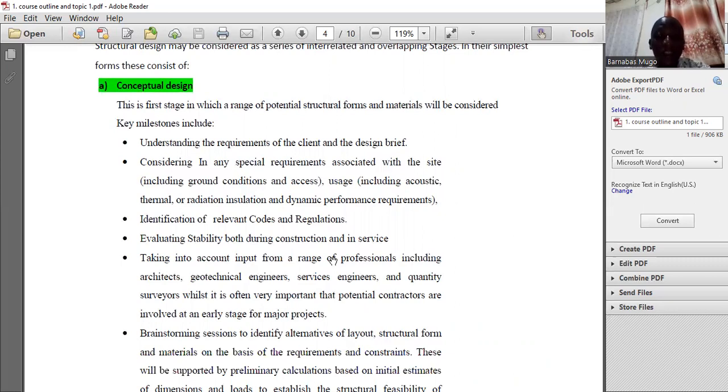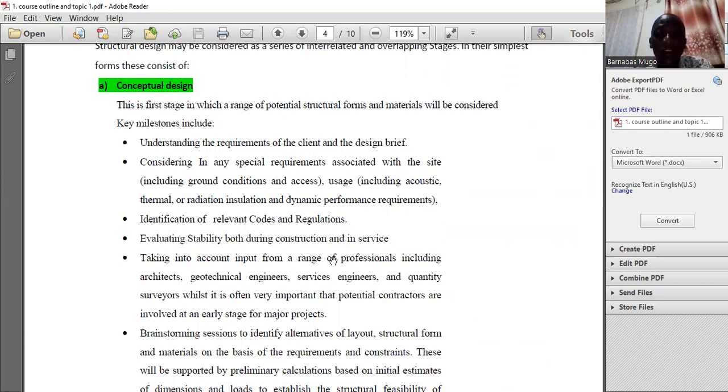Then you need to identify the relevant codes and regulations pertaining to that area. For example, in Kenya, we have different codes of practice for design and also construction. For example, the National Construction Authority requires you to do A, B, C, D. You need to know all these codes when you are designing.